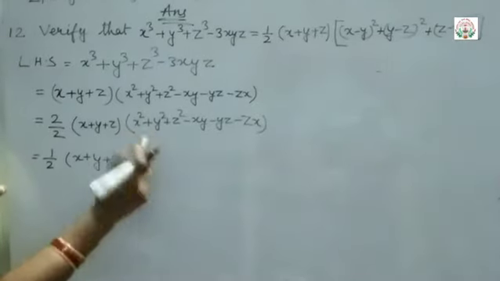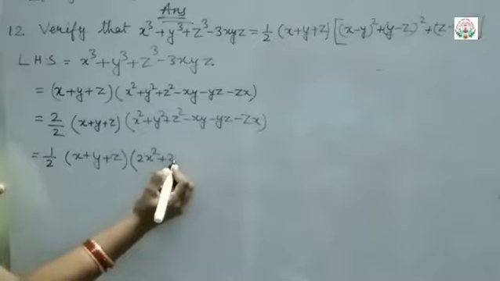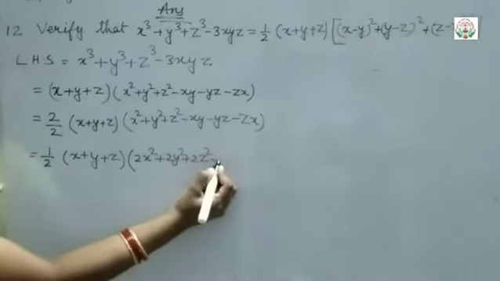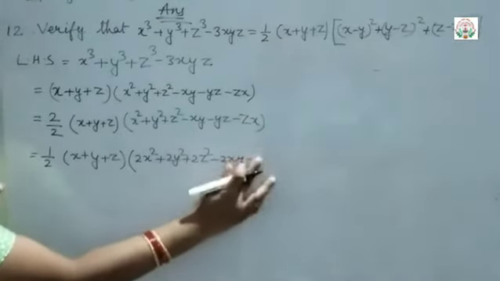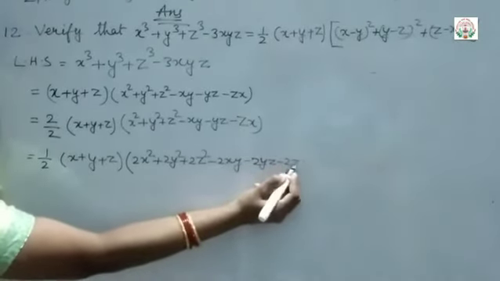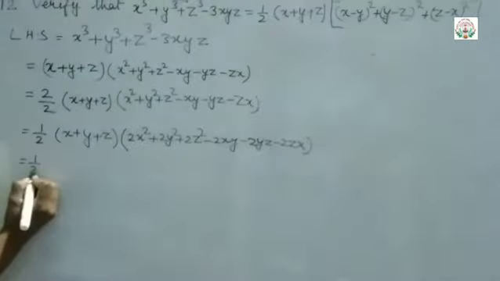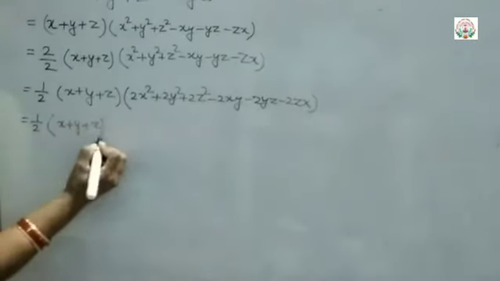Now this 2 is multiplied here, so it becomes what? 2x square plus 2y square plus 2z square minus 2xy minus 2yz minus 2zx. Okay, so after that write 1 by 2, then write (x plus y plus z).